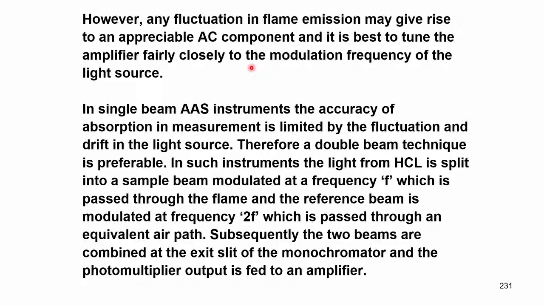All we have to do is lock it in the amplifier. These locking mechanisms and other things are electronics related subjects, and for our purpose, that is chemical engineers and chemists, it will suffice to say that the amplifier is locked to the modulation frequency to reduce the unwanted signal.